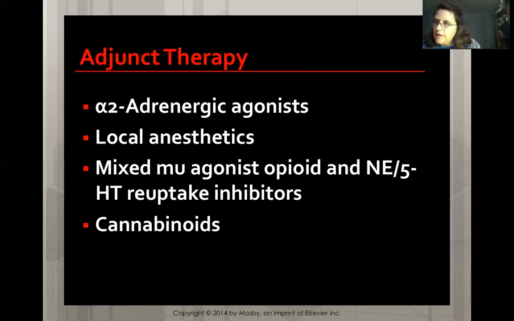And then I want to call attention to the last one, cannabinoids, I guess it is, because this has been in the news lately. And we've been seeing some progress, at least I think it's progress over the last probably 10 years, about making cannabinoids legal for medical use. I think for medical use, there's a lot of research that needs to go on, because there is some very good properties that go along with cannabis.